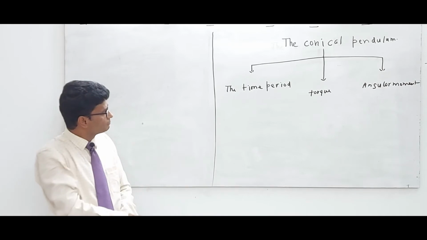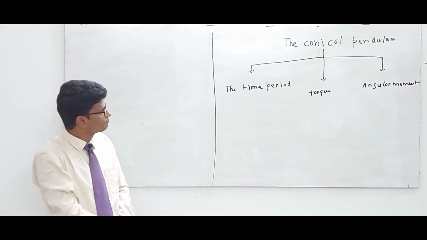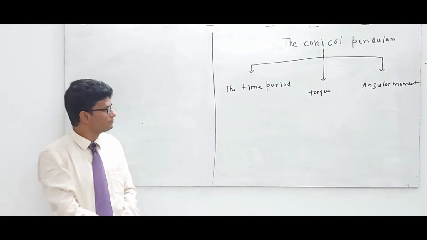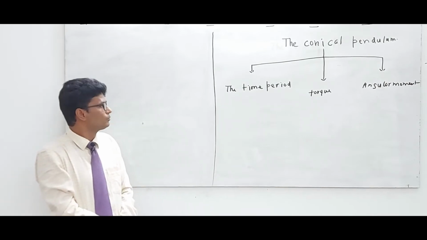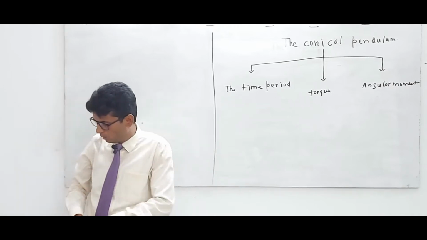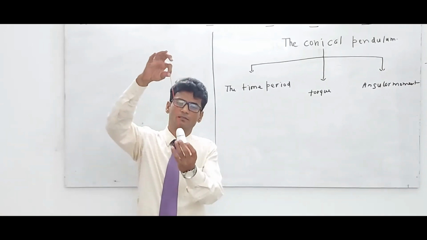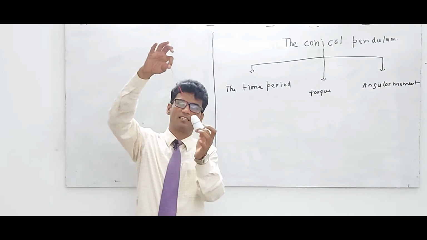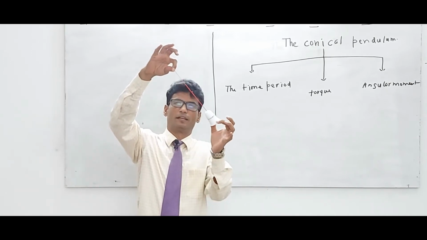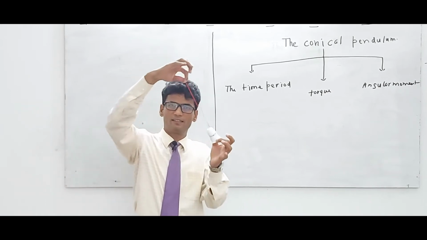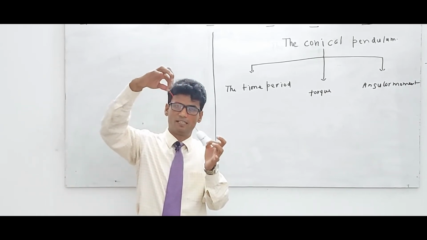To understand these things comfortably, conveniently, we will take up the conical pendulum of the form like here, a string and a bob of mass attached to its lower end, and it rotates the way I provide the angular speed here.